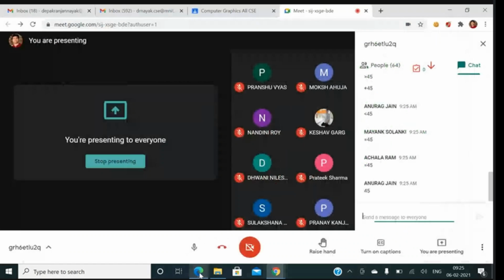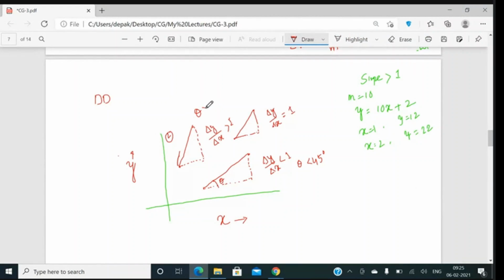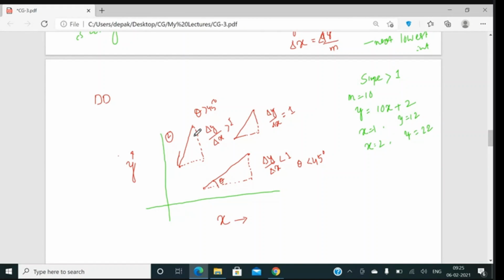Okay, so I could see some correct answers in the chat box. Thank you all, right? So in this case, my theta is greater than 45 degree. If you can see here, all the lines with a slope greater than 1 will of course have theta more than 45 degrees, and in this case the theta is nothing but 45 degrees.